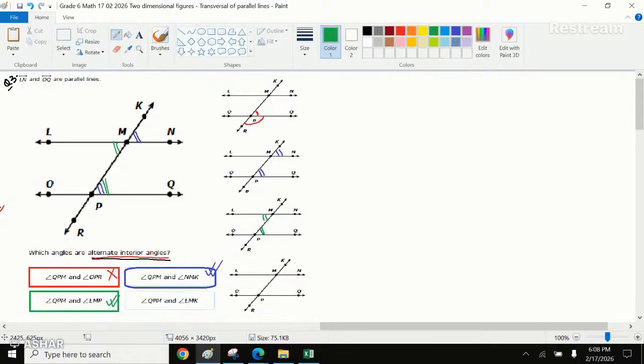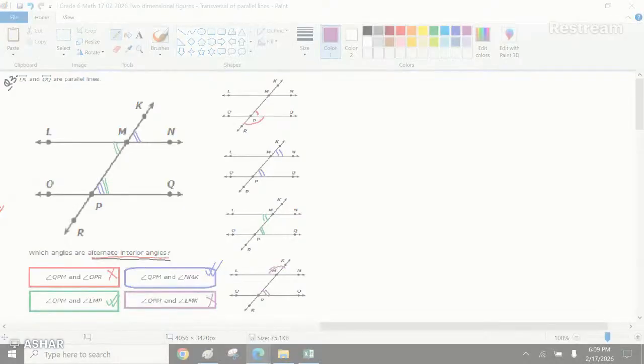Agreed? And for the last option, can we say this? What is given? QMP and LMK. They are not. Agreed? So what we can see here is that we have the alternate interior angles which we had to find, and the others are either corresponding or just simple angles referring to each other. Okay, let's move ahead.